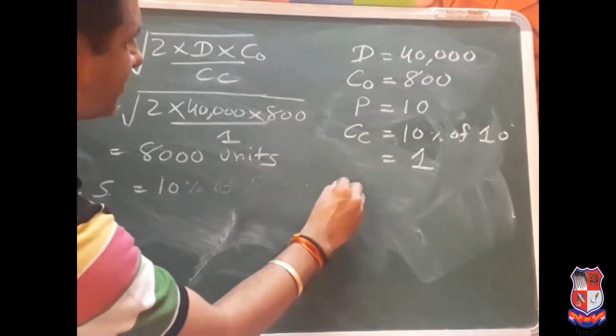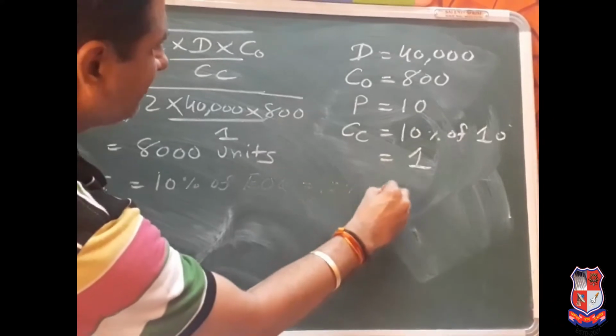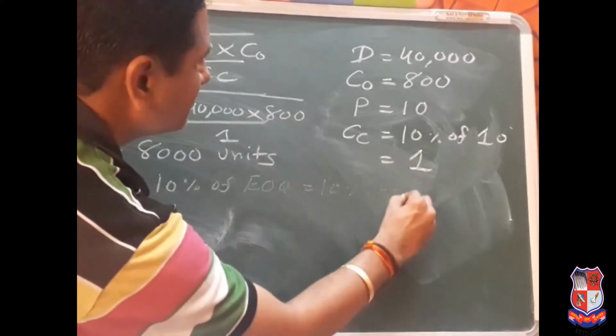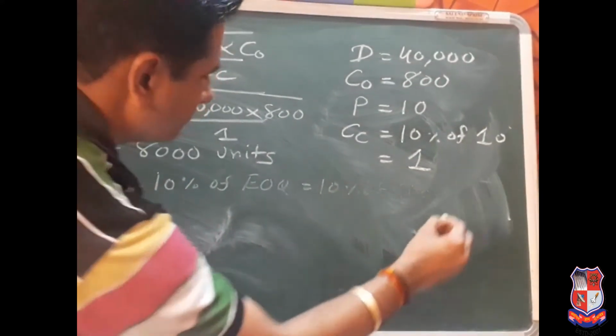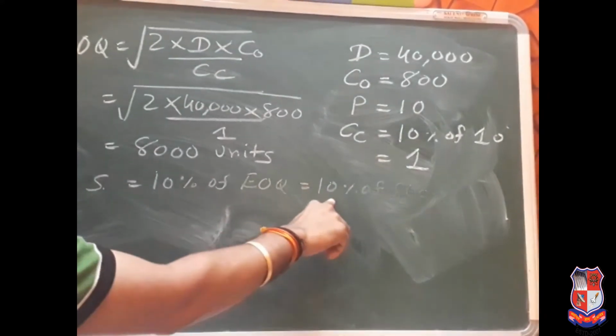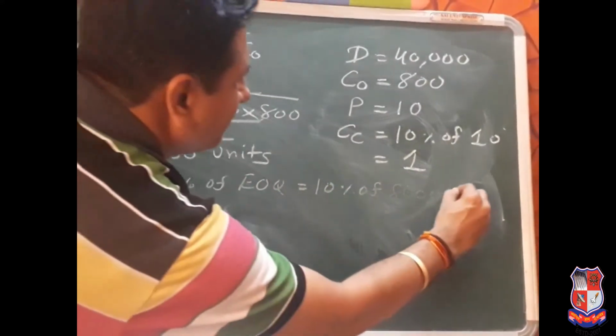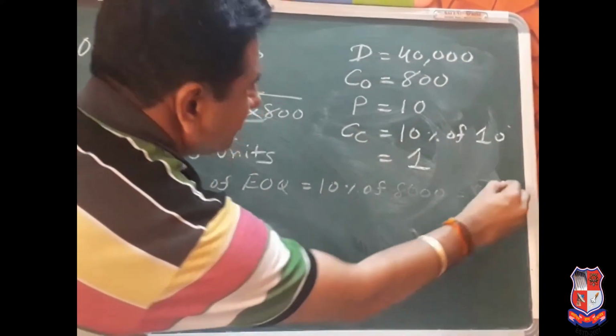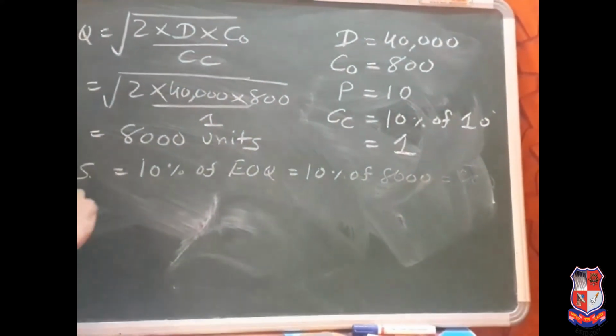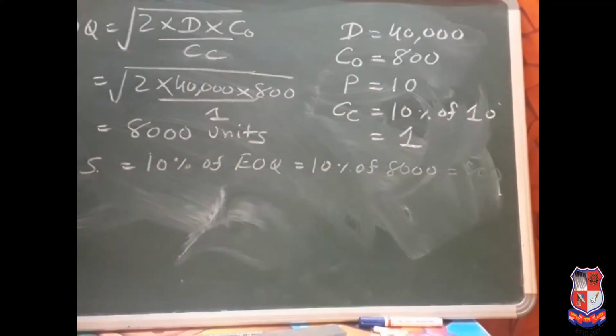So 10% of EOQ is nothing but 8,000. 10% of 8,000 is equal to 800. So your safety stock is 800.